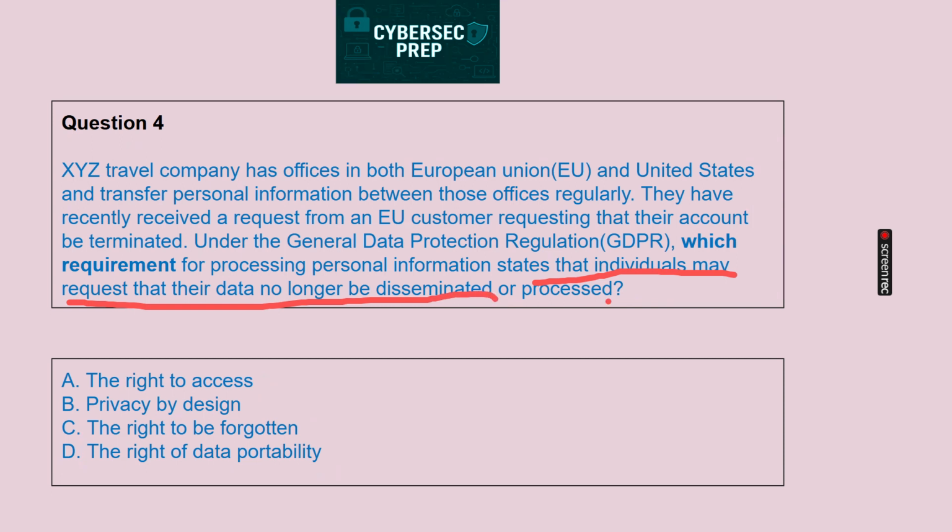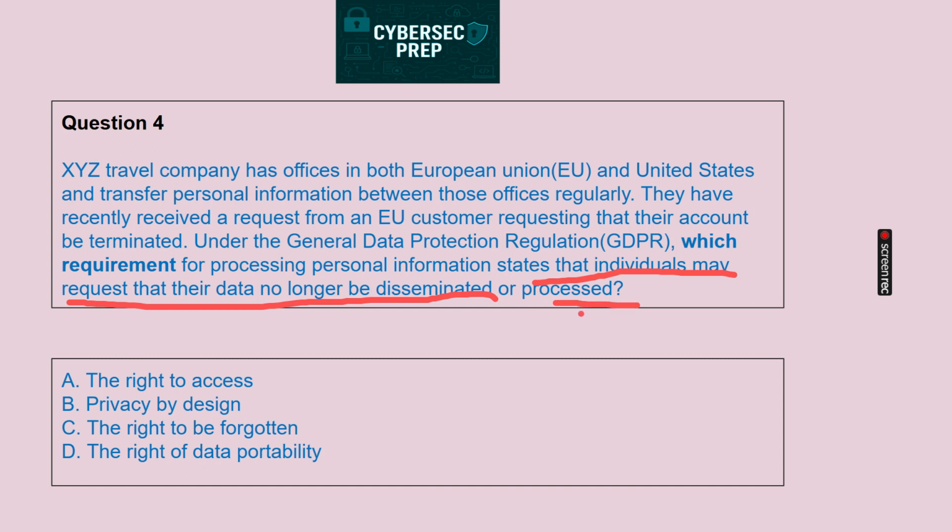Okay, so in this question, basically it's a request by the individual about their data processing. The question says that there should be no data processing as per the request from the user. So we have to focus on the keywords here: no longer be disseminated or processed.